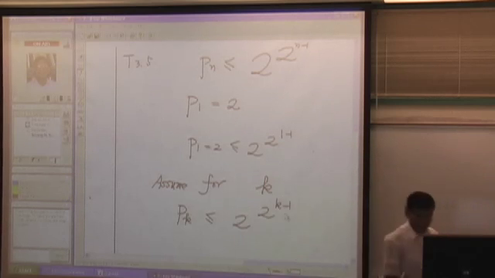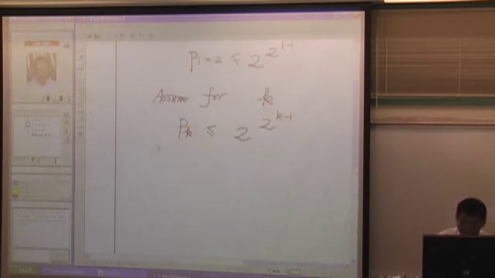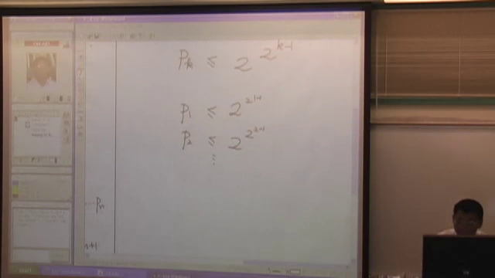Then the next thing is, maybe an easier proof can exist, but I will show this. P1 is less than or equal to 2 to the power of 2 to the power of 0, P2 is less than or equal to 2 to the power of 2 to the power of 1, all the way up to P sub k, less than or equal to 2 to the power of 2 to the power of k minus 1, right?